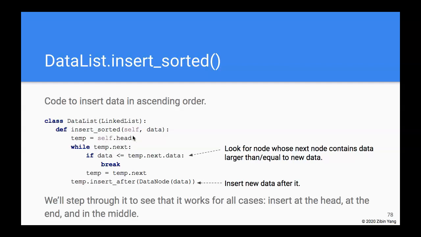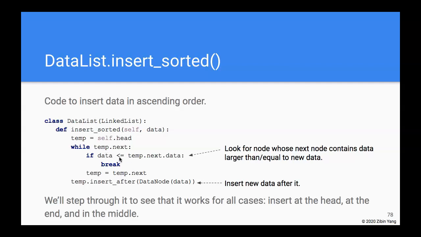So we really start at the head dot next, and then we find the node whose next node's data is larger than or equal to the data that we're trying to insert. And once we find it, we can break and do an insert after the right node of the data that we wrap in a data node.